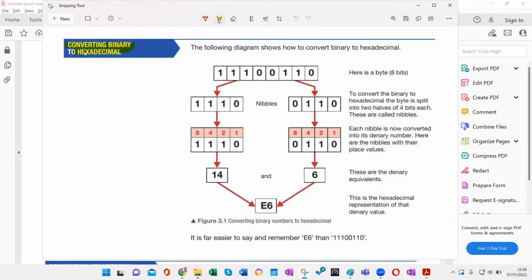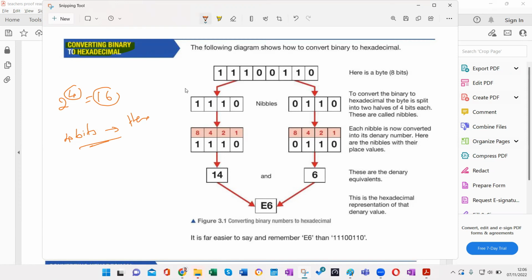When converting binary to hexadecimal, keep in mind that we have 4 bits. 2 to the power 4 is 16. That means to represent a hexadecimal number, we need 4 bits. So when you're converting binary to hexadecimal, just write the binary bits like this.